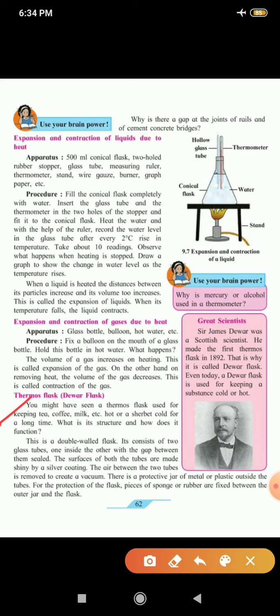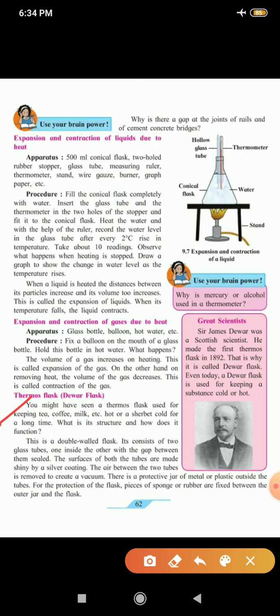This is a double-walled flask. It consists of two glass tubes, one inside the other, with the gap between them sealed. The surfaces of both the tubes are made shiny by a silver coating. The air between the two tubes is removed to create a vacuum.